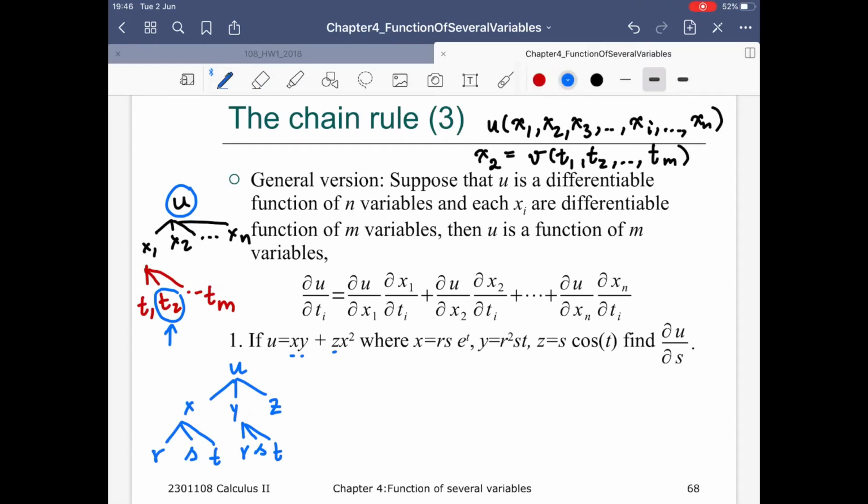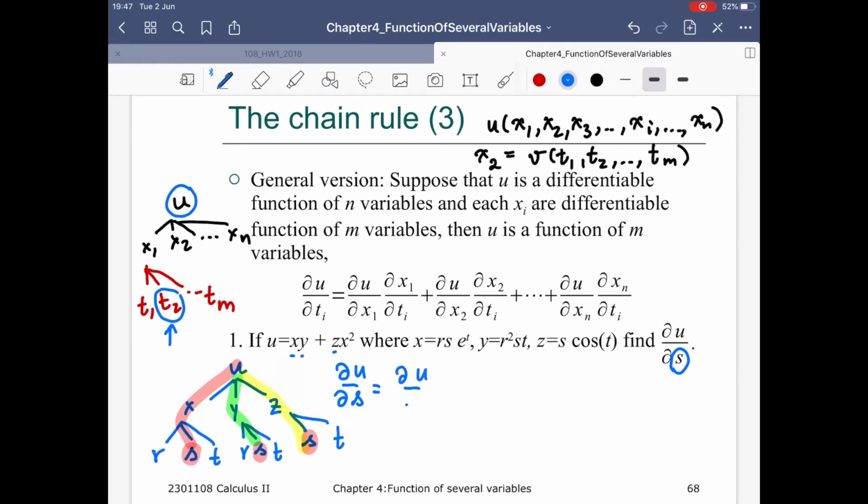So your z is only s and t. Very good. And you need to find a derivative with respect to s. So you try to find where is the s. You see you got three contributions, three possibilities that you can reach that s. The first possibility is through the x, the next one is through the y, and the third one is through the z. So in order to find this derivative, you need to have three contributions.